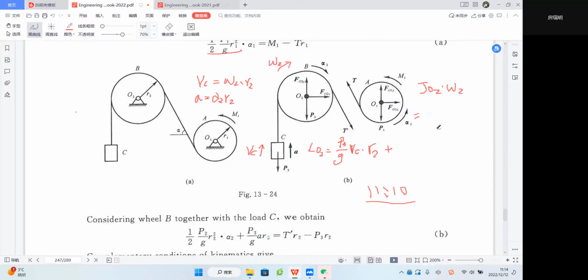So this I_O2 will be half of P2 over g, which is M2, the mass of the wheel, times R squared, times omega 2. So I will write it here. So this is half P2 over g, which means M2, the mass of the wheel, times R squared.